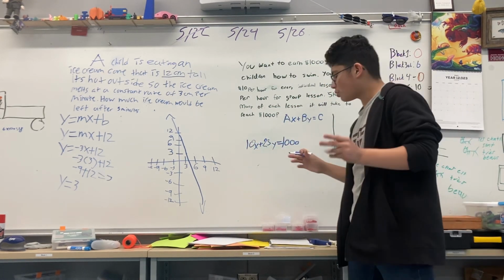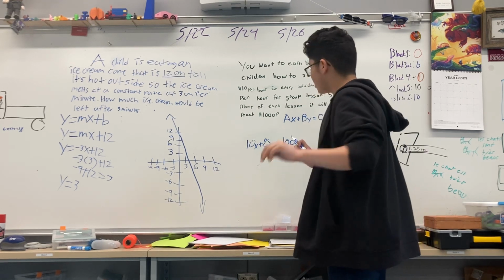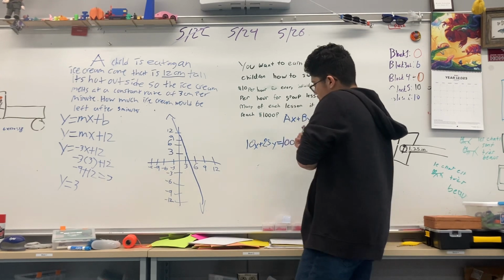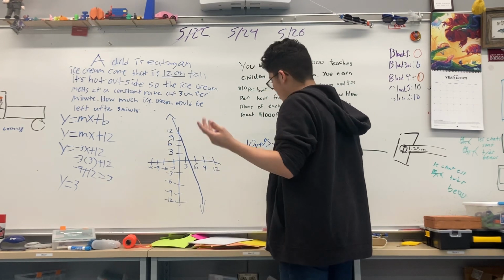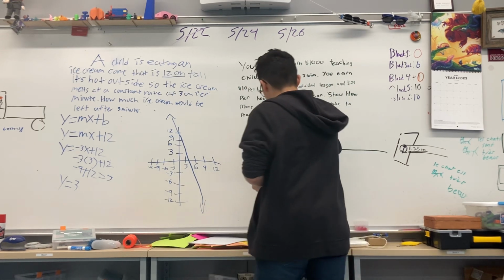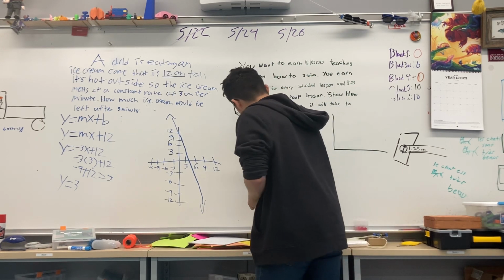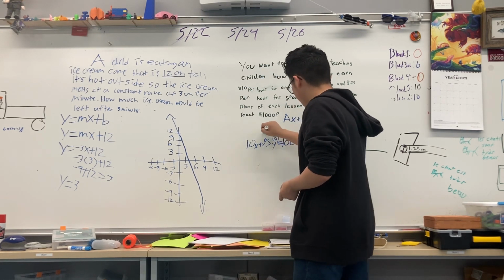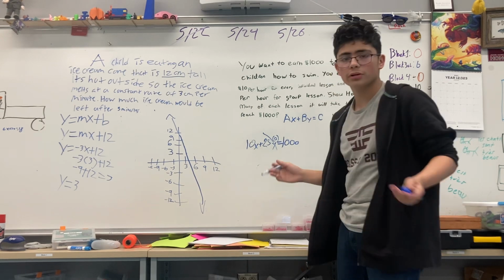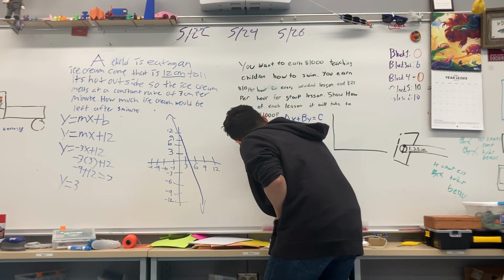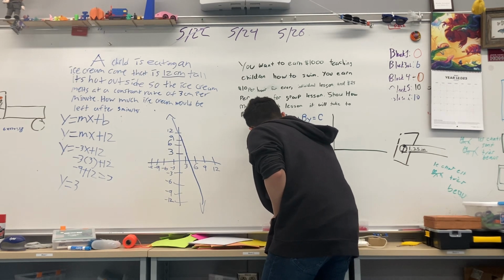Now, when we're solving these, we have to make a single variable 0, so we can solve for one variable. For the example that we're using, 10x, we'll take away 25y and make it 0. Cross that out, because 25 times 0 is 0. So then we'll be left with 10x equals 1000.